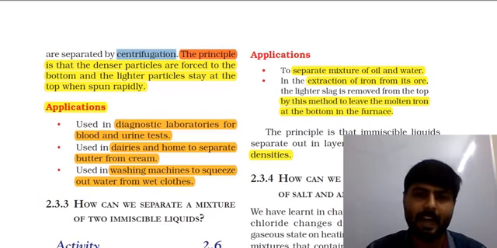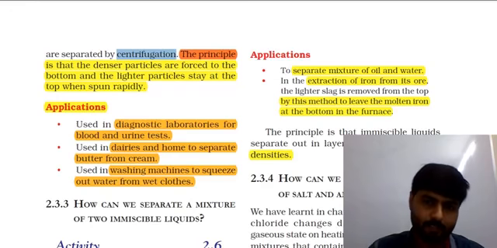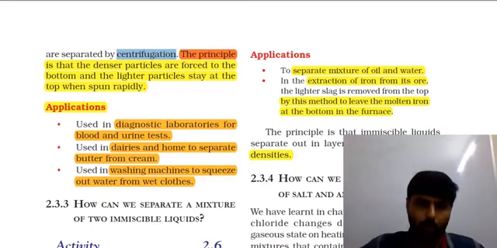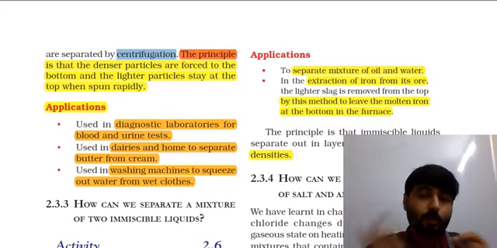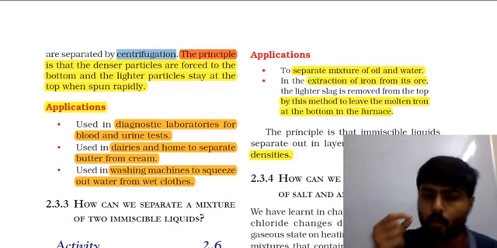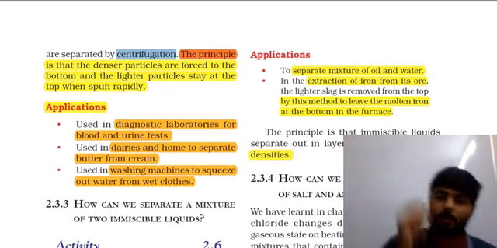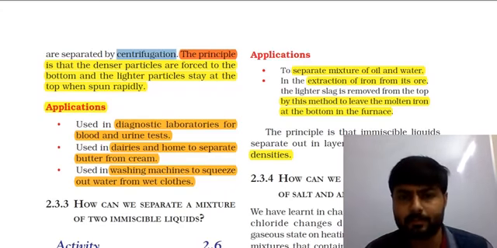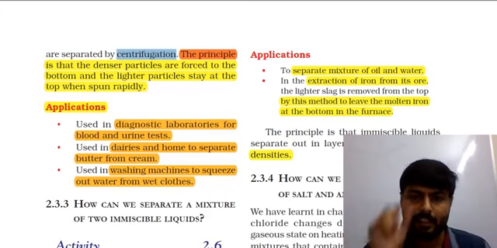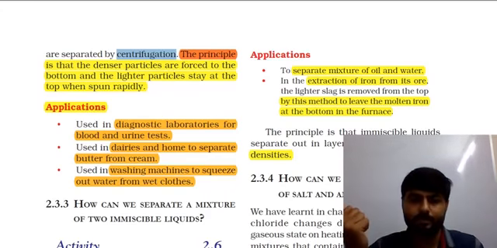What will happen at that time? All the water particles will be thrown outside. Though the water particles have small mass, small weight, due to the very high velocity these particles of water tend to move outside.